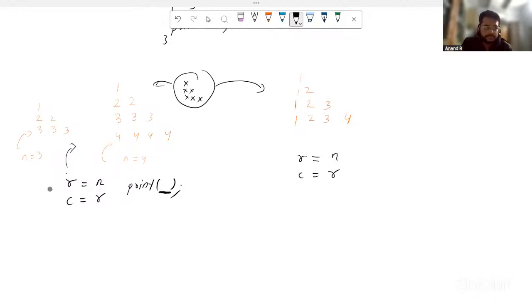Can I say that if the row number is 1, you're printing 1. If the row number is 2, you're printing 2. If the row number is 3, you're printing 3. If the row number is 4, you're printing 4. So whatever the row number is, I have to print that. And the row number is denoted by R. So I can simply print R and my problem statement will be done. Agreed?